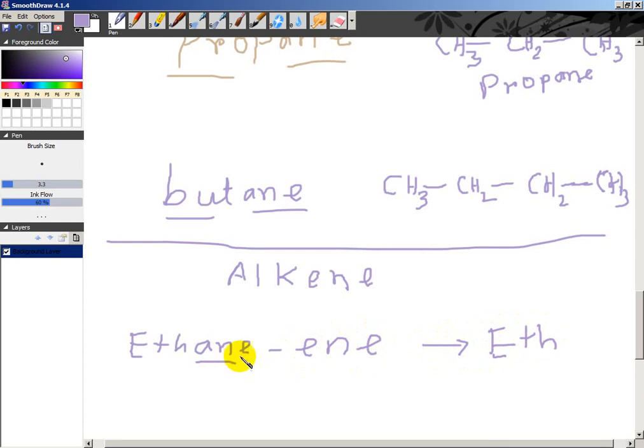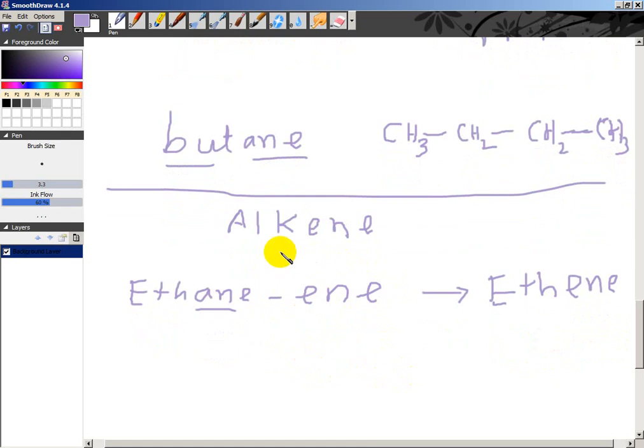Like this, ane is replaced by ene, so ethene. This is alkene.